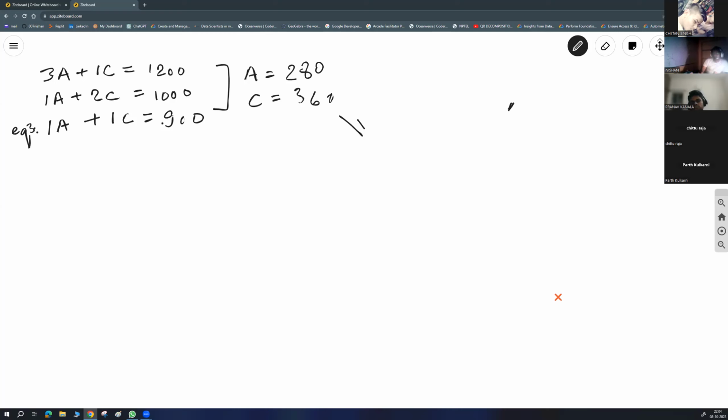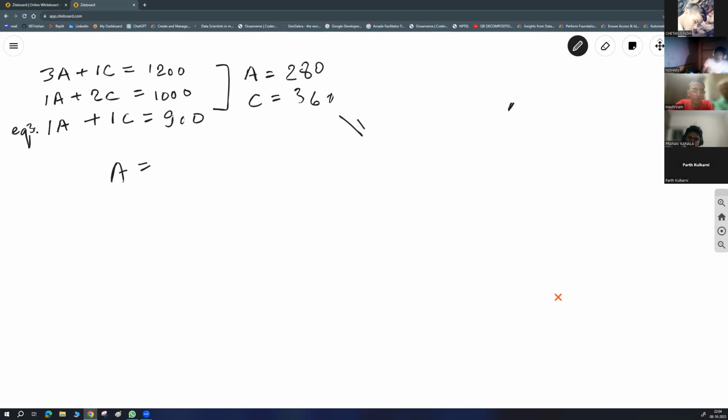But as a data scientist, you are given the task to find out the best possible solution to the baker. So what would be your answer? Anybody? Maybe you can find the point where 3a and 1c and 1a and 1c, leave out the second equation and solve for the first and the third. You will get another value of a and c. Fine. Okay.